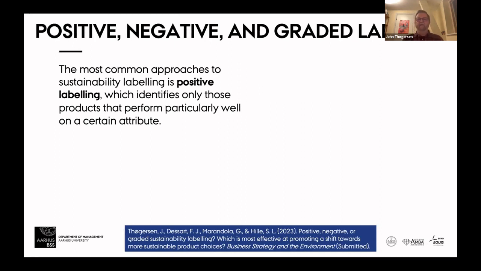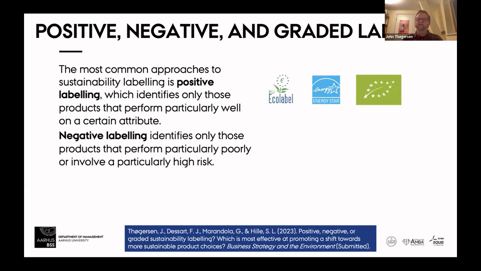So that is that we use a label to communicate the best in class products, and that could be an eco label or the Energy Star from North America, or an organic label and so on. So the label is put on the good products. It's also quite common to use negative labeling or warning labeling, where we put warning labels on bad products.